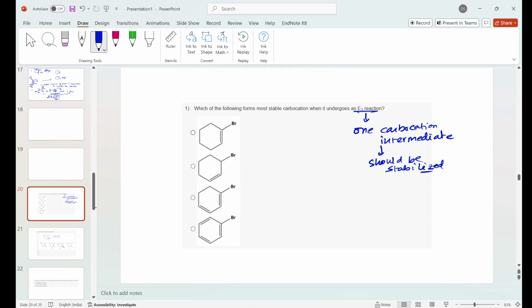Now we check it. If you lose the bromide from all the sides, the first one will give you this carbocation, but a carbocation on an sp2 hybridized center is not possible.